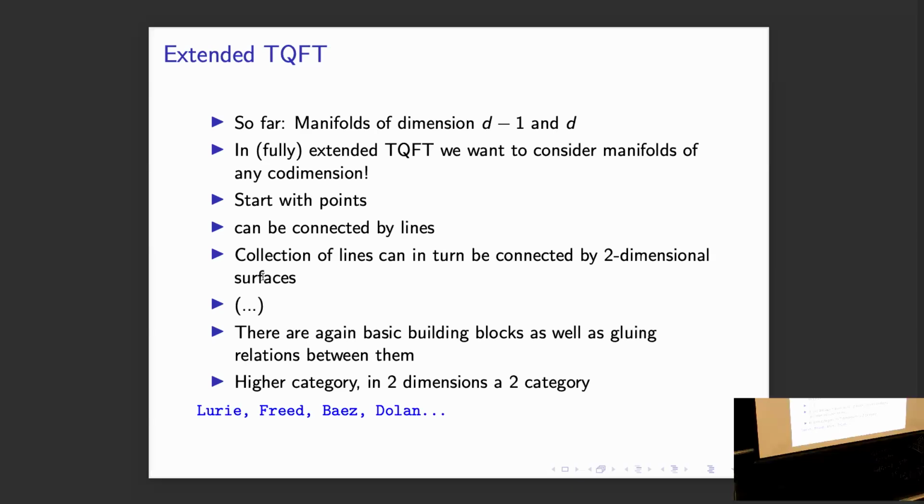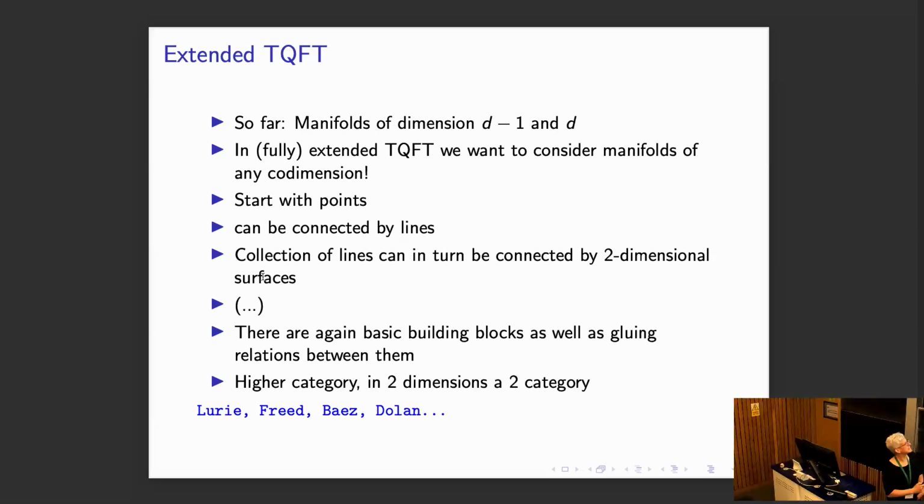But in an extended TQFT or fully extended TQFT, we want to consider manifolds of any codimension in one picture. So in particular, we start in the lowest dimension, so we can start with points, much like on the previous slides, and they can be continued.